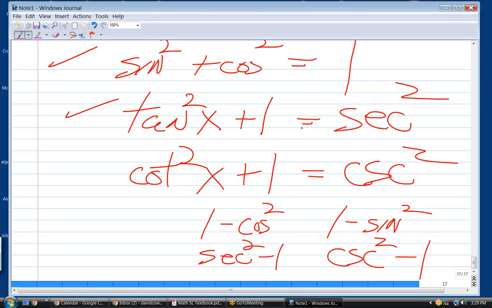Each of those has a single term identity. What do each of those equal? Well, what's this one equal? 1 minus cosine squared. Just manipulate them algebraically.